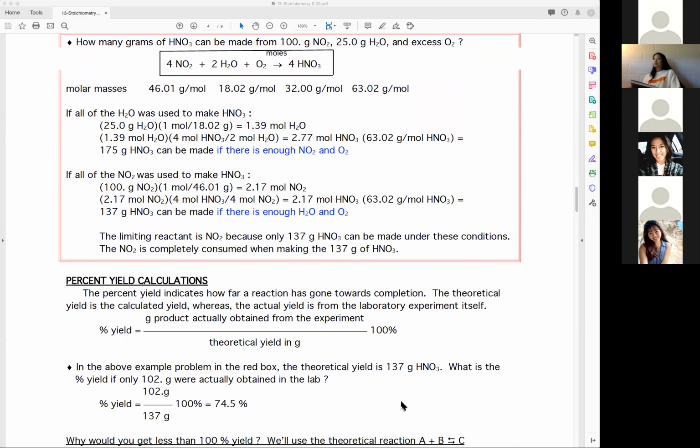Okay, I'm going to stop screen sharing for a minute because there is a... oh, come on. Sorry, still trying to figure this out. What was I trying to do?